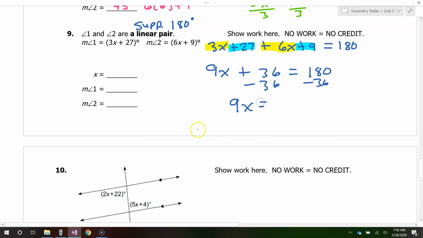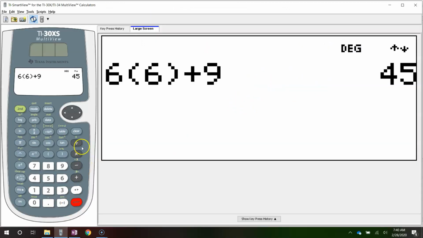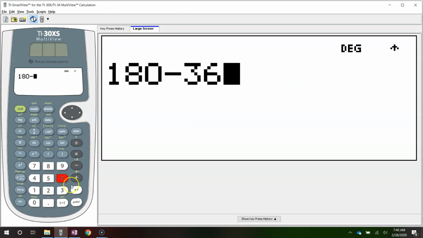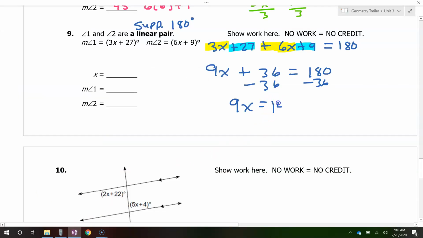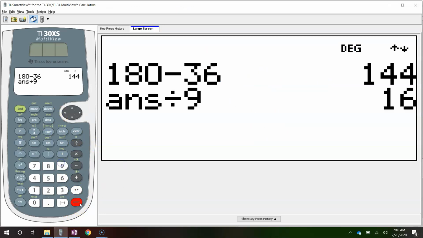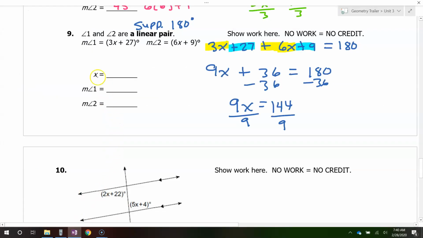So that'll be 9x equals 144. And then if we divide both sides by 9, we get 16. So x is 16.